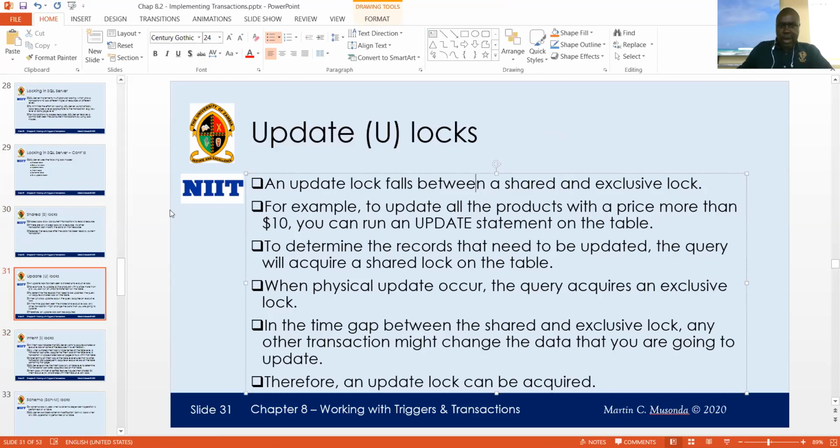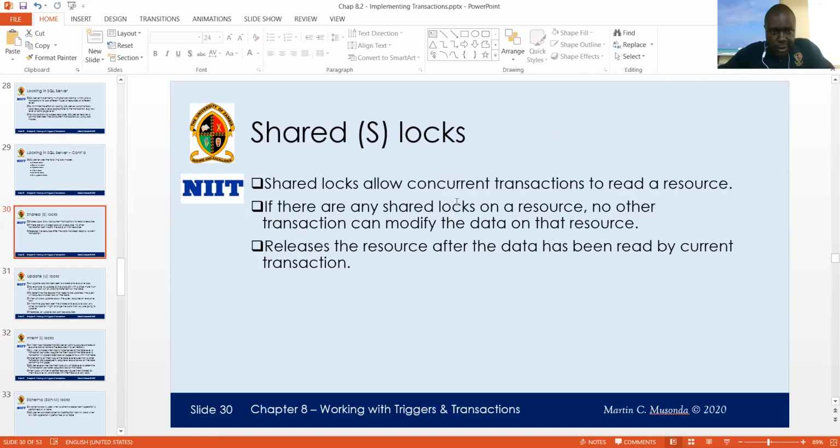An exclusive lock or exclusive locks, they do not allow concurrent transactions to read a resource. If there are any exclusive locks on a resource, the other transaction will not be allowed to have access to those resources.